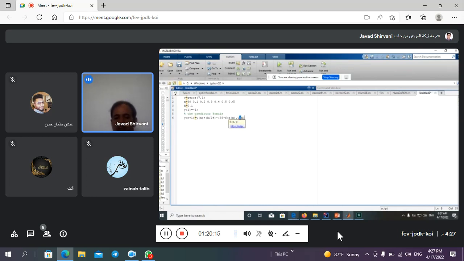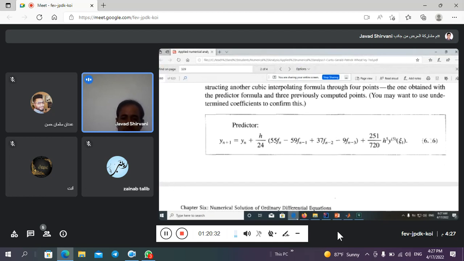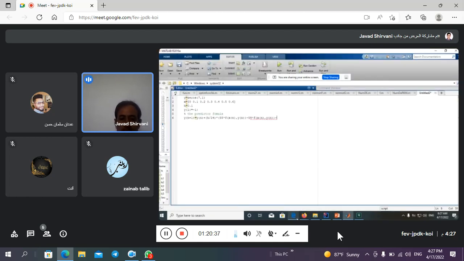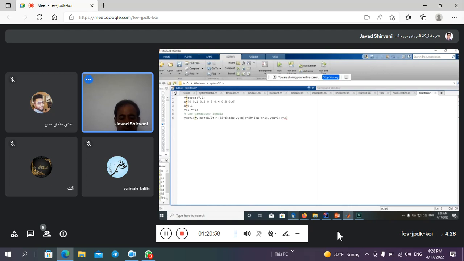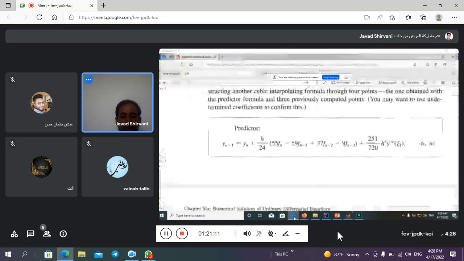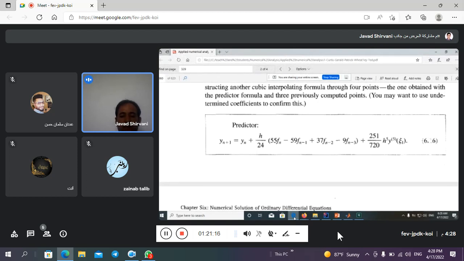F is a function of x and y, minus 59 fn minus 1, xn minus 1, yn minus 1, plus 37 fn minus 2, xn minus 2, yn minus 2, minus 9 fn minus 3.